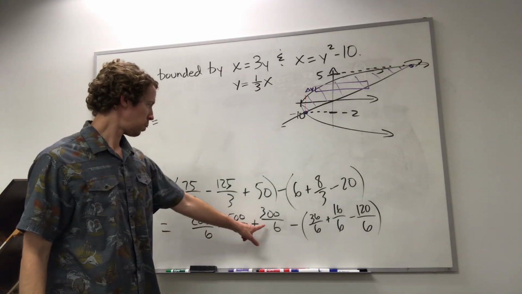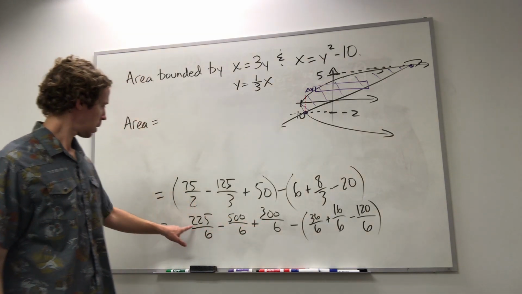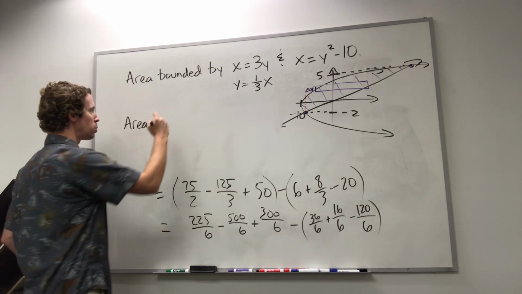I've got a negative 200 over 6 here. Combined with this, it gives me a positive 25 over 6.